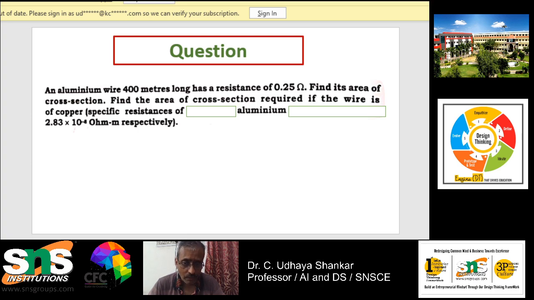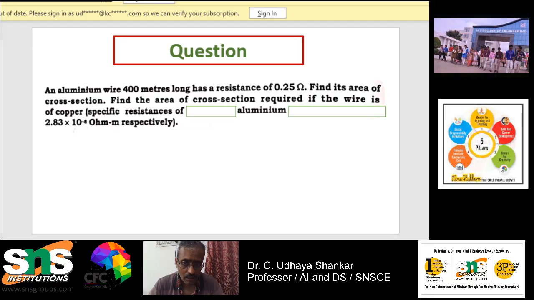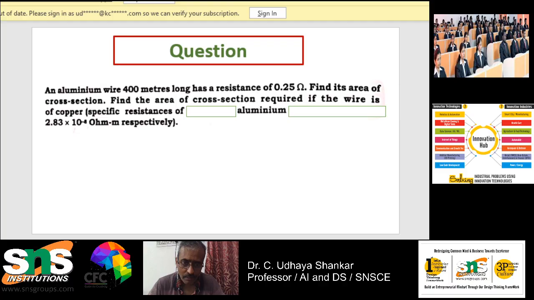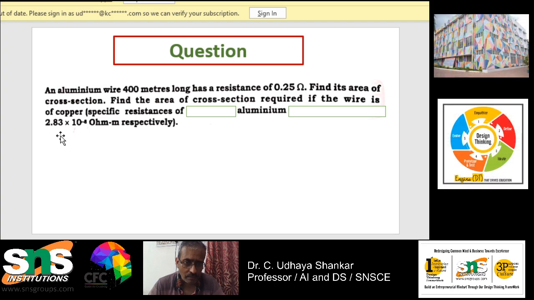The specific resistance of aluminum is given as 2.83 into 10 power minus 8 ohm meter. If you check the data sheet, that is the resistivity of aluminum.